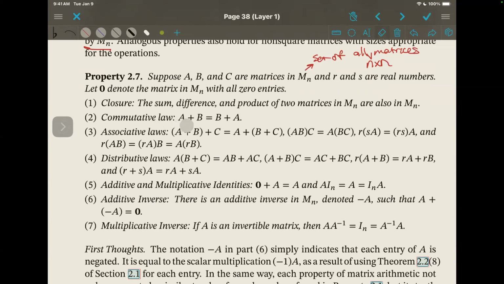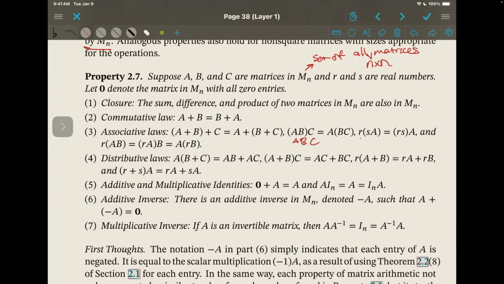The commutative law, which is what we said for addition, that holds. The associative law, so A plus B, we add that first and then add C, that's the same as if we move the parentheses around. And similarly for multiplication. Note we're not changing the order here. We're doing A and B and then C, as opposed to B then C then A. It's still A, B, C on both sides.